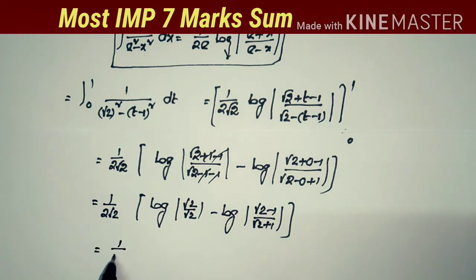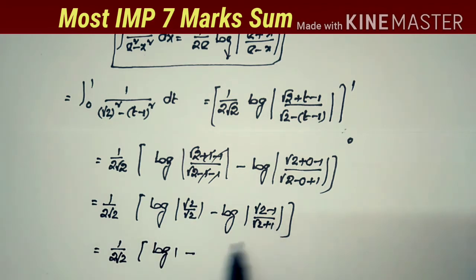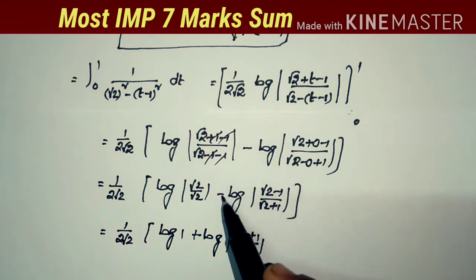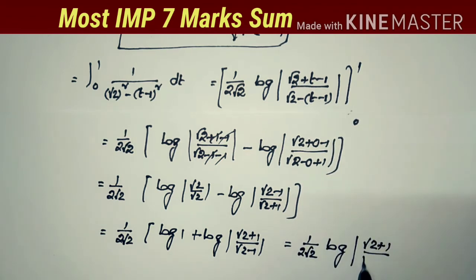Reversing the fraction, minus of minus becomes plus, and this equals 1 by 2 root 2 log of (root 2 plus 1) by (root 2 minus 1).